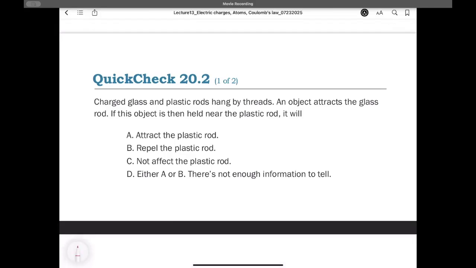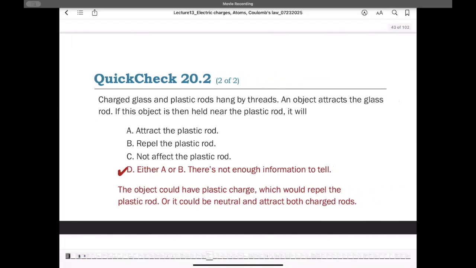This object attracts the glass rod, which means it has a positive charge.